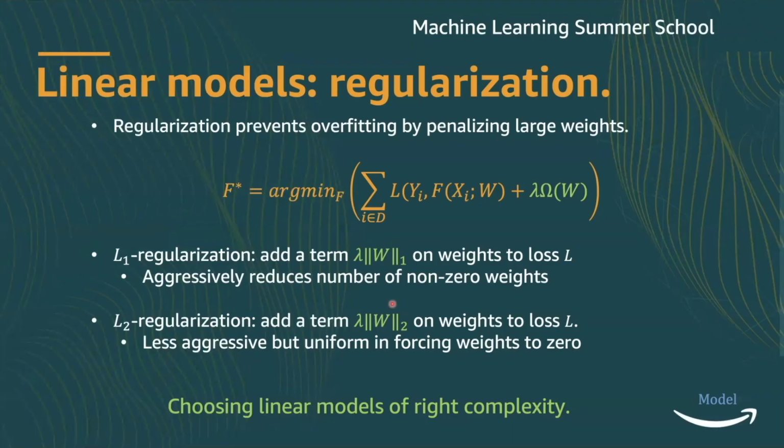It won't force them to zero, but it does a uniform reduction in all the coefficients involved. And by choosing an appropriate lambda, you can ensure that your model has the right complexity. It's neither overfitting nor underfitting. So regularization is what you would use to ensure you're fitting right.